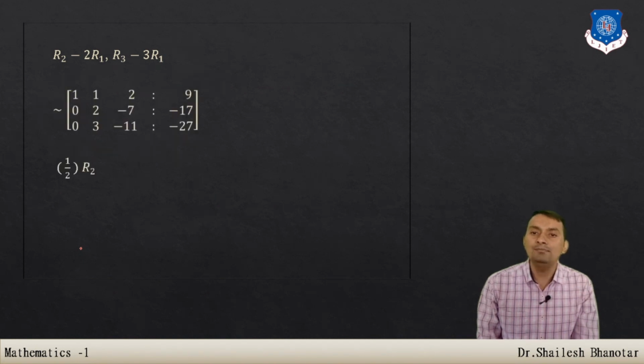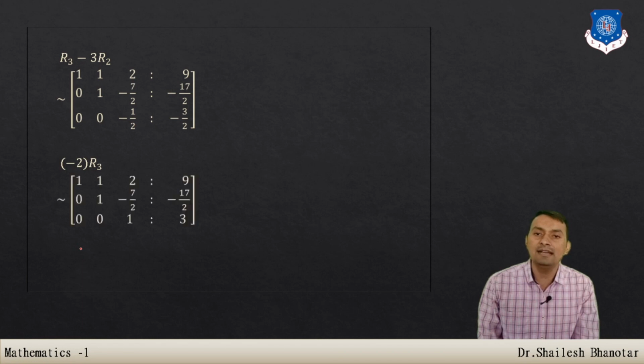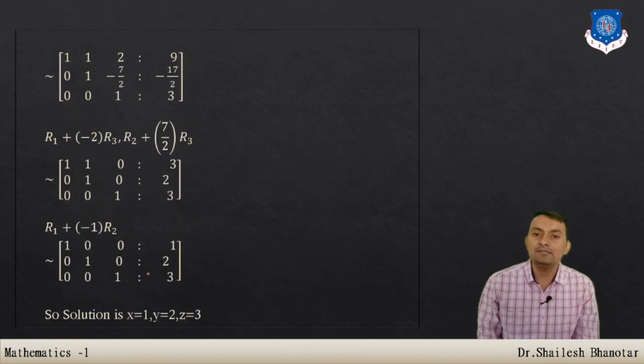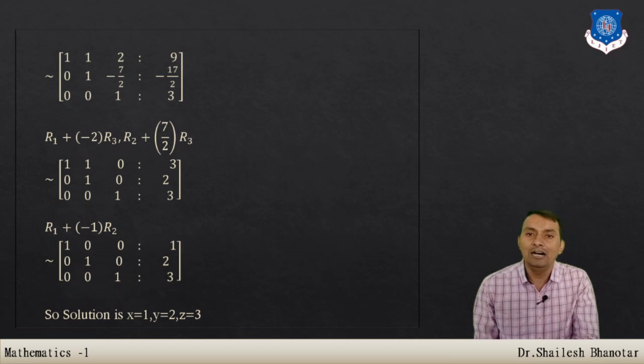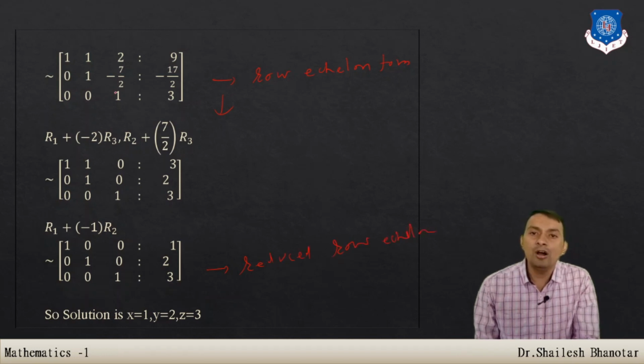All the steps we have already done in the first example. So this is our row echelon form, but now we are going to convert it to reduced row echelon form. In that case I am going to concentrate from the bottom row.